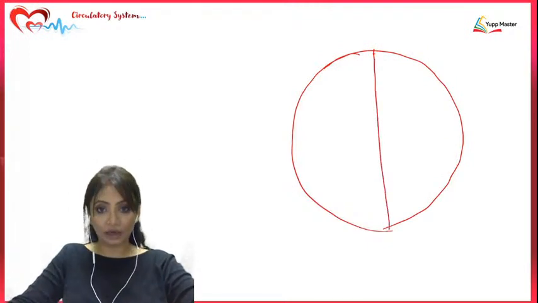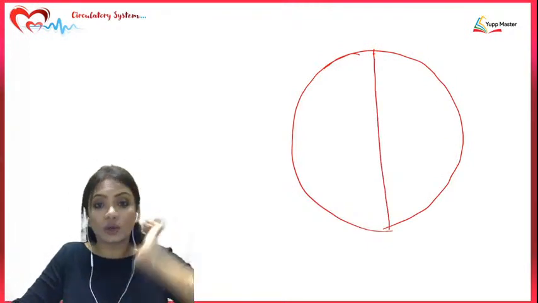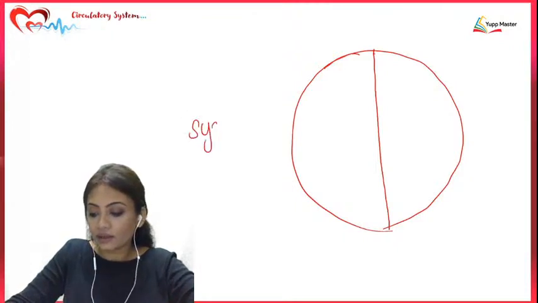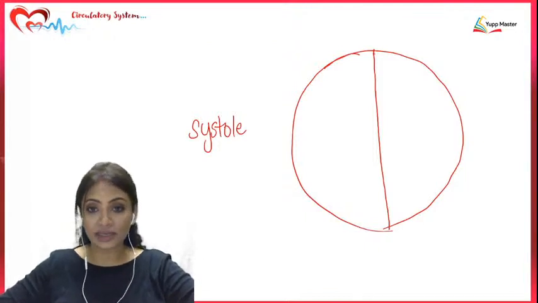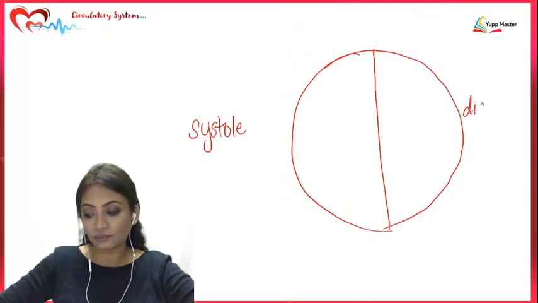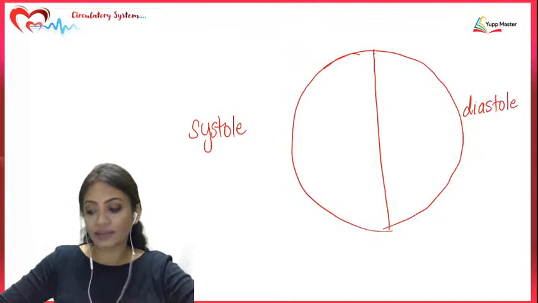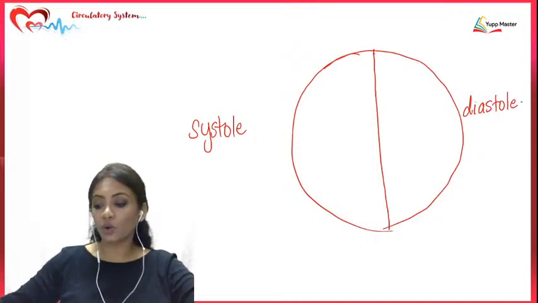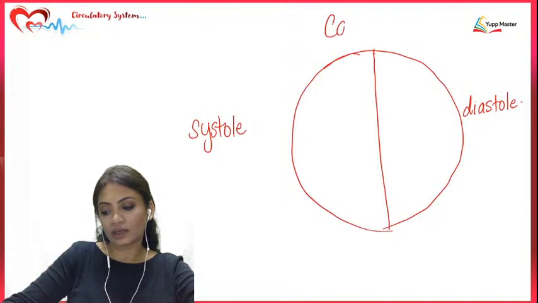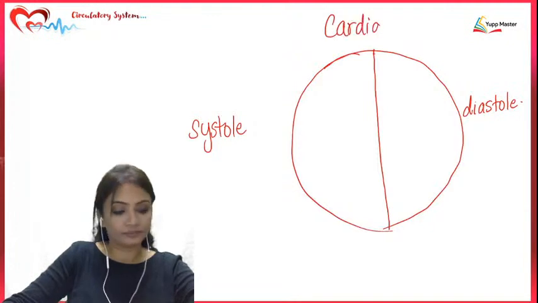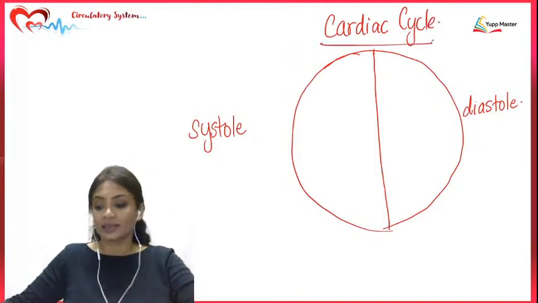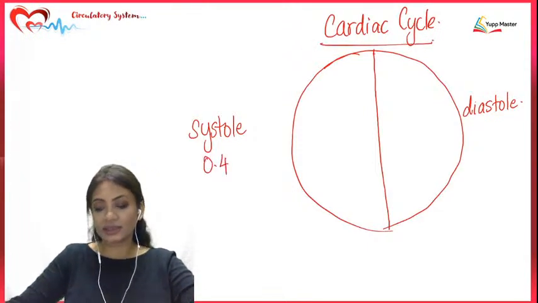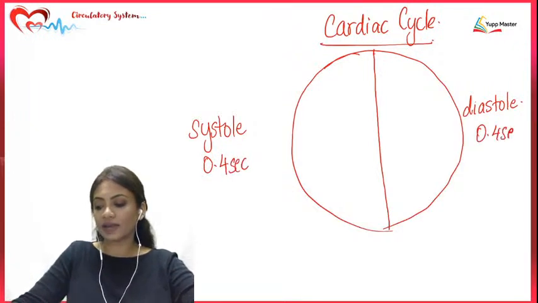The first half is indicating systole, that is contraction. The second half is indicating diastole, that is relaxation. And if I say that this is the cardiac cycle, then in this cardiac cycle, 0.4 seconds is systole, 0.4 seconds is diastole.